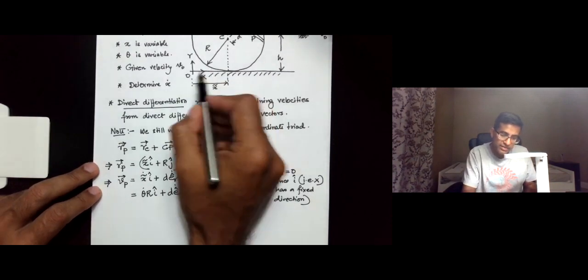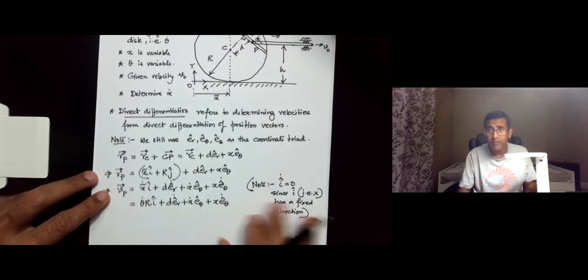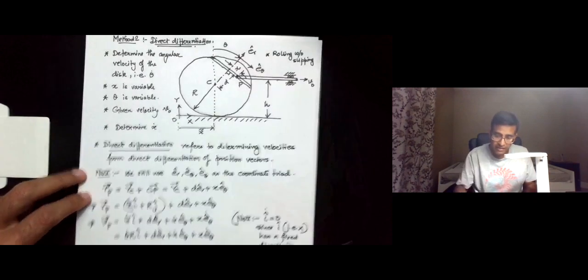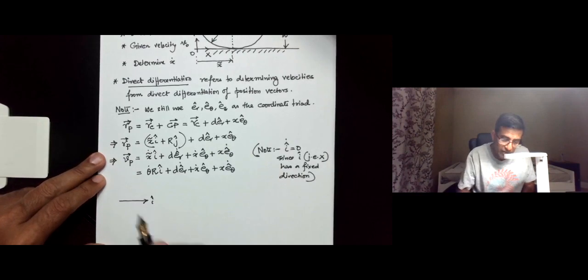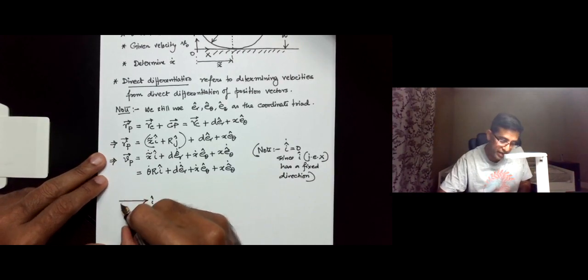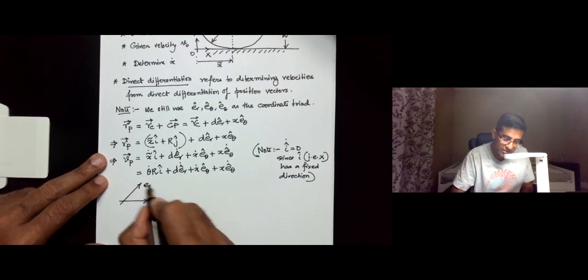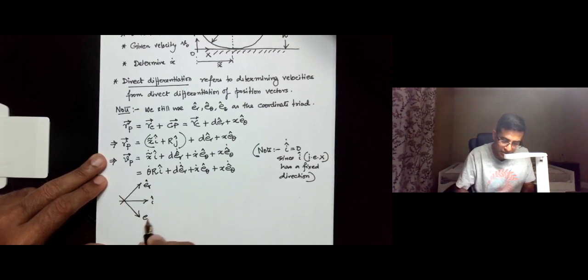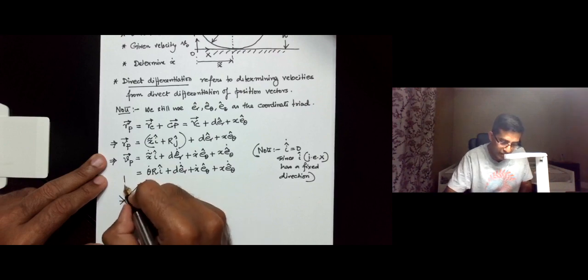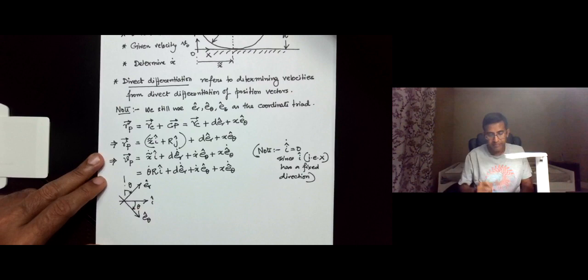Now let us consider this direction I. We need to replace this I and express I in terms of ER and E theta. So let's do that. Here is our I direction, and this is horizontal. If you superimpose that on the ER and E theta direction, then this angle is theta, and so this angle is theta.